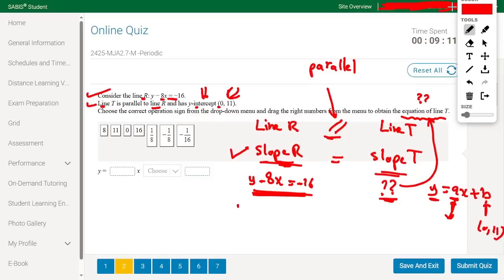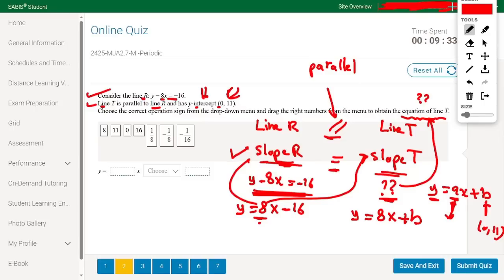So we have to make it in the form y equal to ax plus b. So here y will equal 8x minus 16. So the slope is 8. So the slope of line T is also 8. So we have y equal to 8x plus b. Right? The slopes are equal.